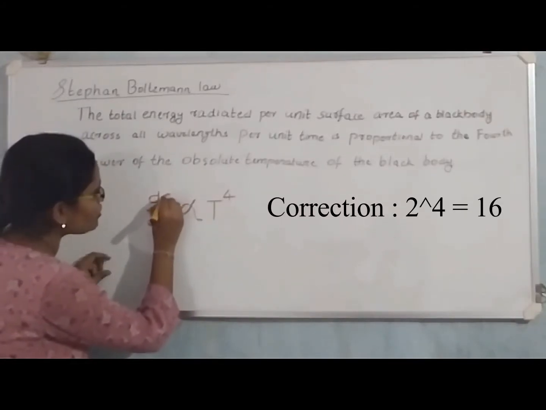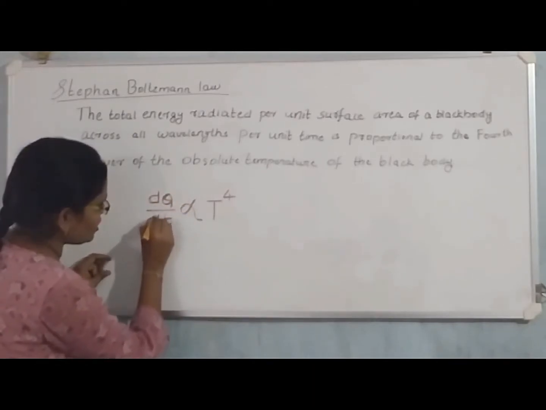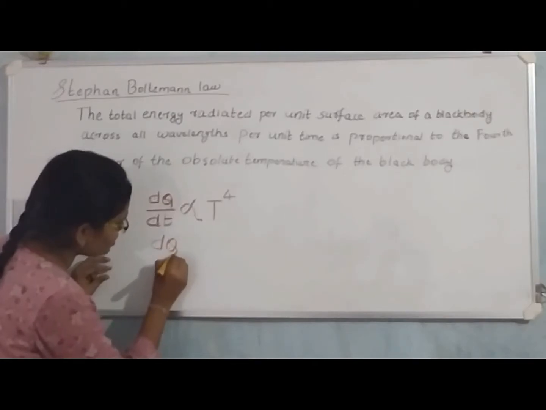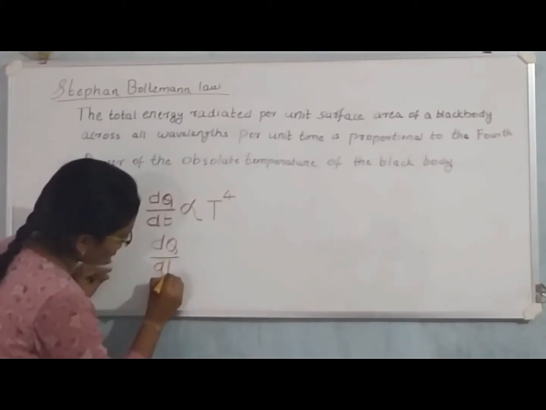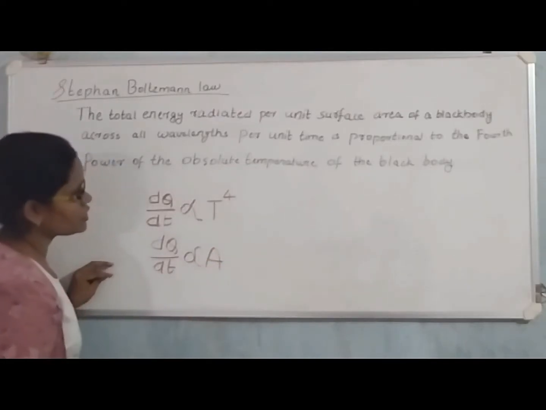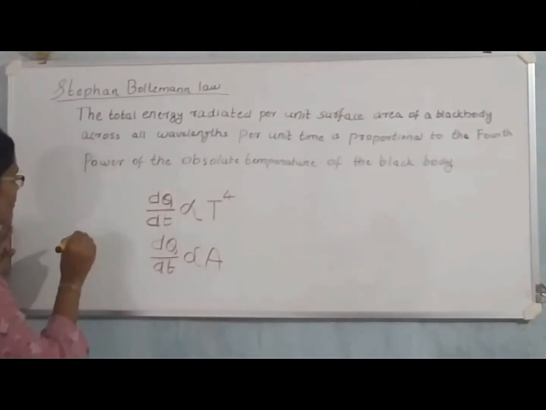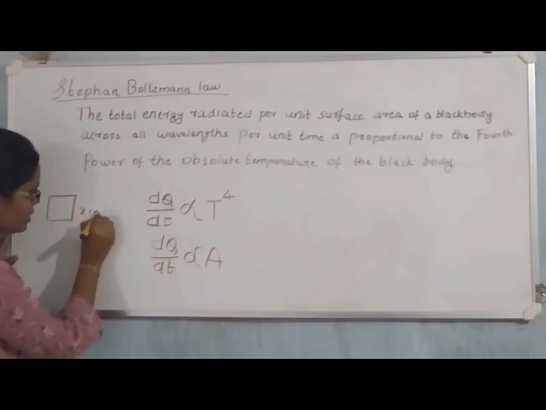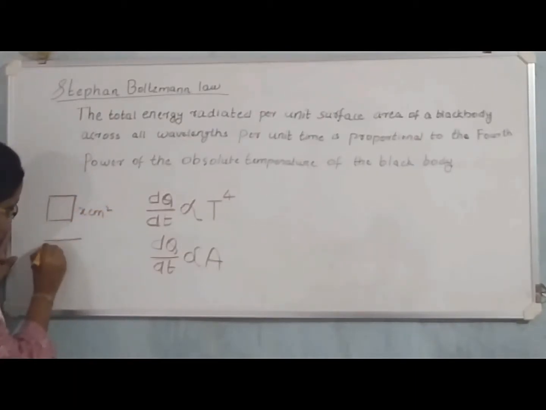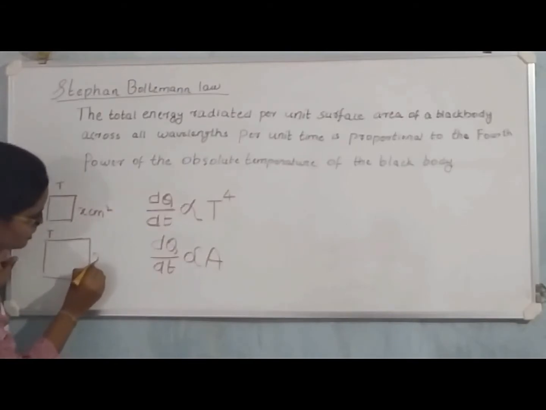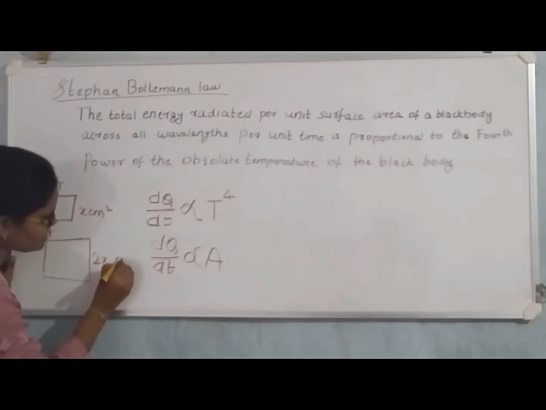They also found that this rate of emission dq over dt is proportional to the surface area of the black body. Say I have one iron block which has a surface area of x centimeter square, and another iron block at the same temperature as the first but with a surface area of 2x centimeter square.